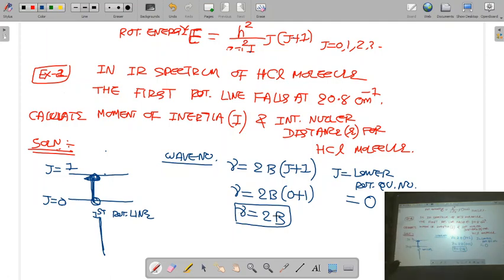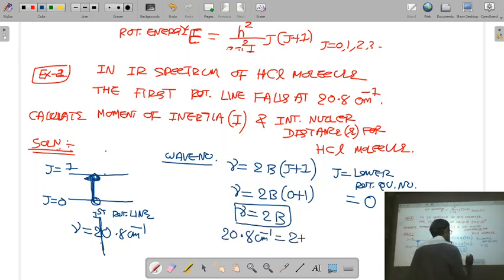Now, in the example, you are given the wave number of the first rotational line of the HCl molecule, which is 20.8 centimeter inverse. So, 20.8 centimeter inverse is equal to 2B. From this, you will get the value of B, half of this, 10.4 centimeter inverse.